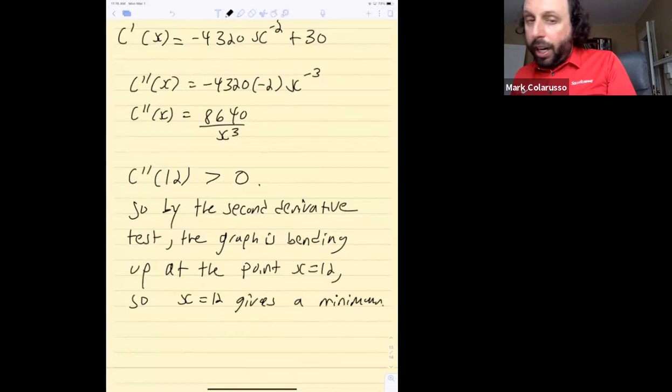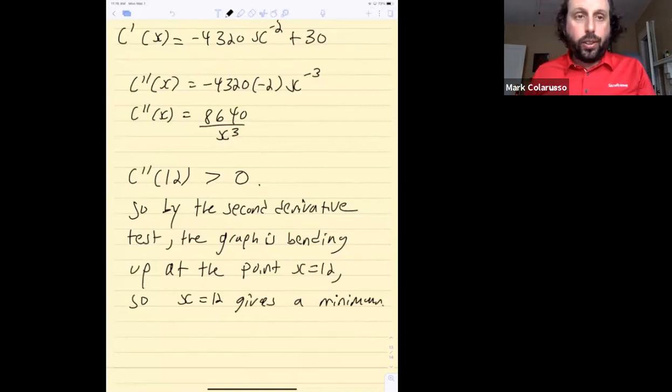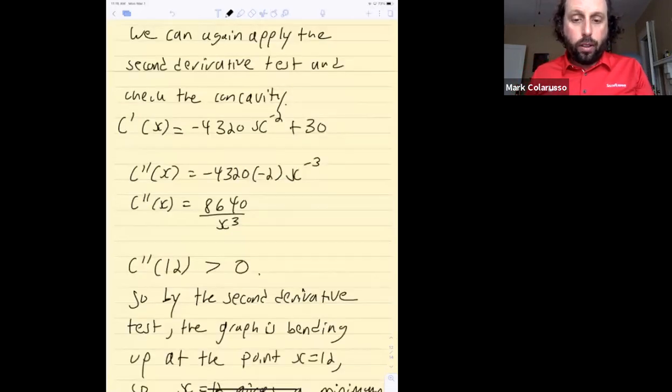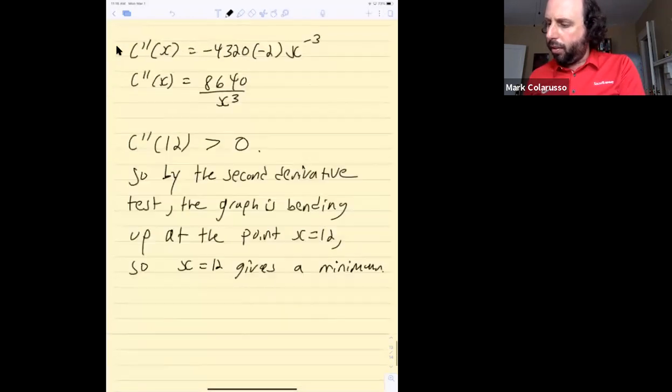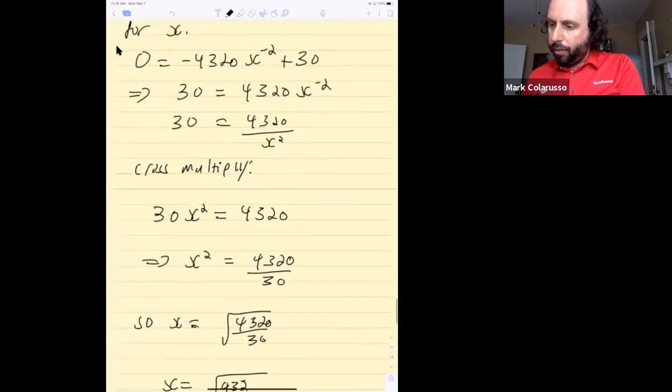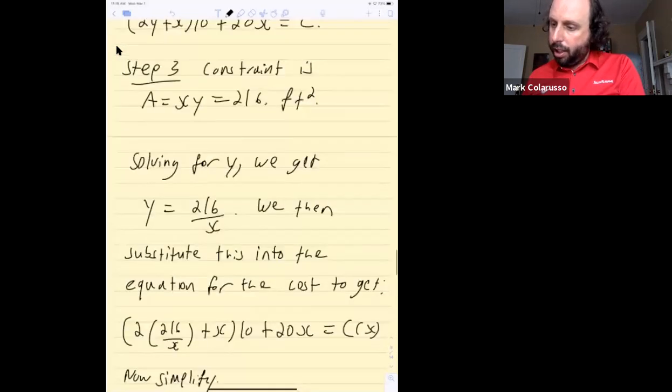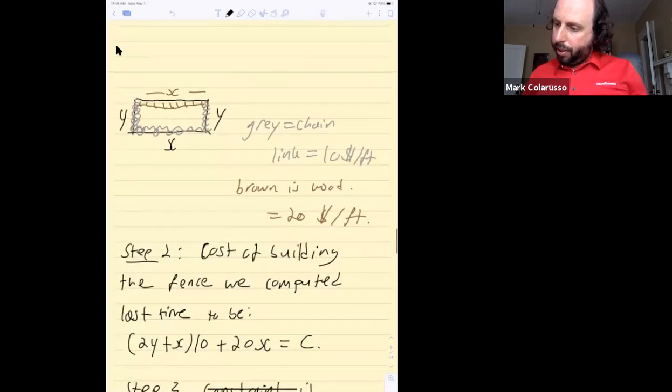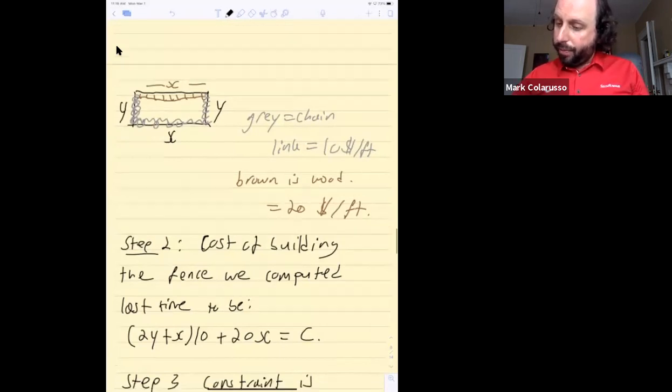Now we need to solve for y, because the question actually asked us to provide both the amount of wood fencing and the amount of chain link fencing, right? So we need to go back to our little picture here. Fortunately, there it is. So x was the amount of wood fencing, actually. And now we need to find the amount of chain link fencing.